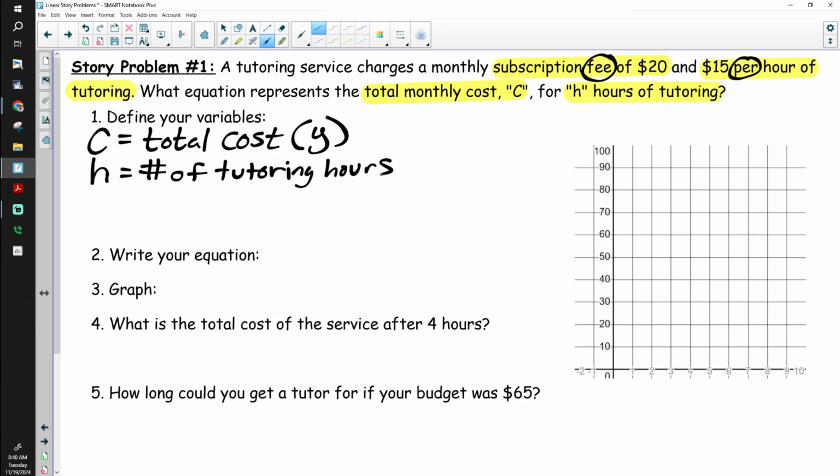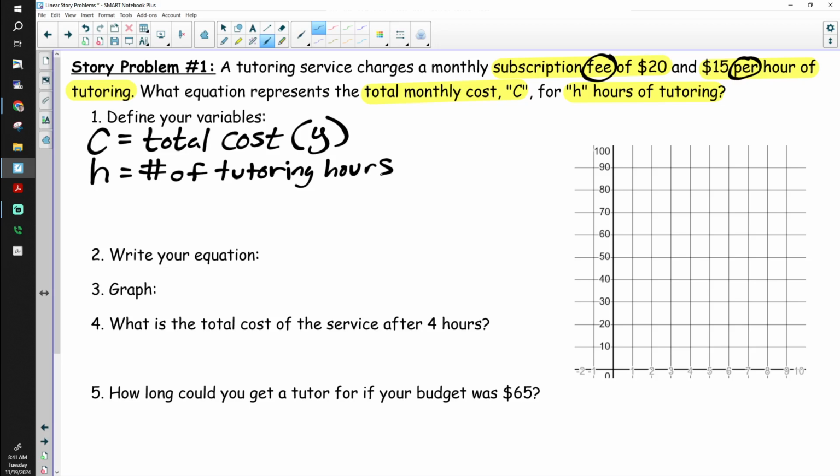This variable is the one that we get to choose, right? If you think of yourself in this scenario, if you went in and bought your tutor, who gets to pick how long you're going to tutor for? Isn't it you? Yeah. You get to pick that number, right? You get to be like, hey, I want to tutor for 3 hours today, right?